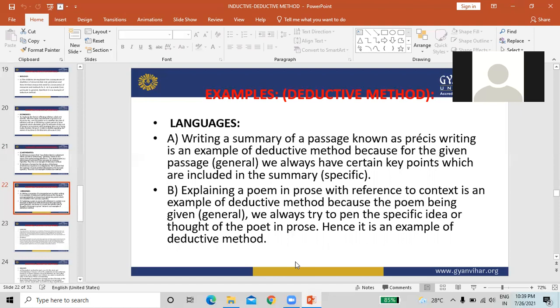Explaining a poem in context with reference to context is an example of deductive method because the poem being given, we always try to bring out the specific idea or thought of the poet. Hence, it is an example of deductive method.